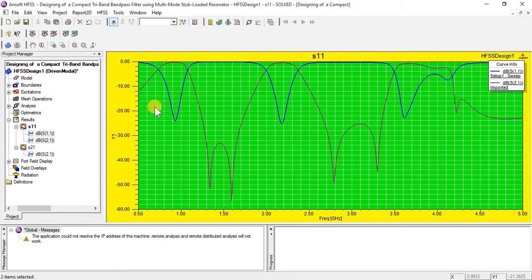Now here you can see that this is the S11 plot, and this is the S21 plot.